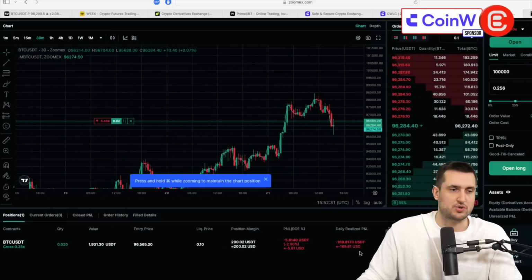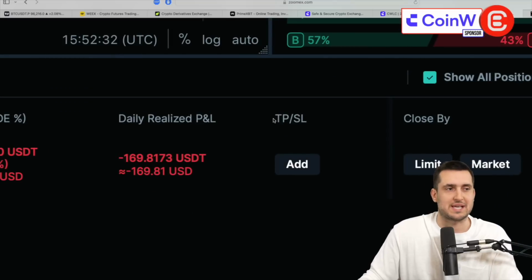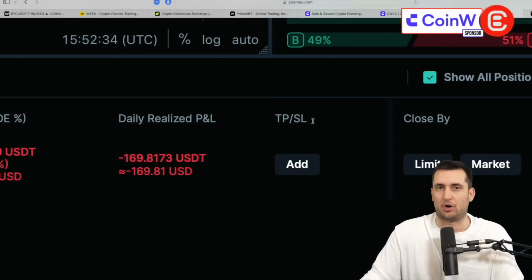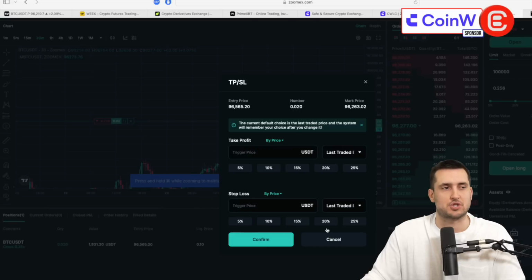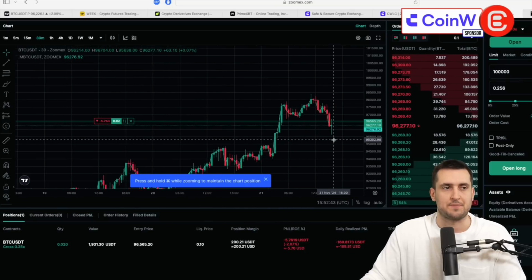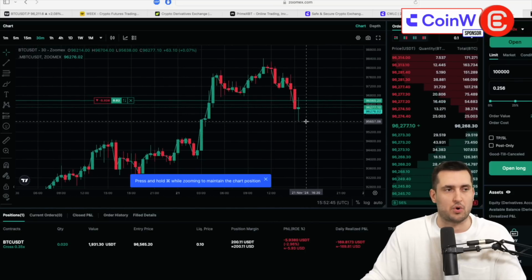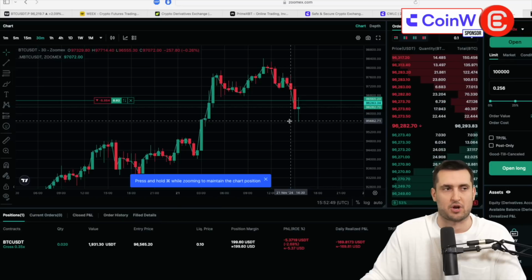Now, one thing I didn't show you with trade execution is that there is TP/SL on all of the exchanges, and what this does is allow you to put in stop loss orders on limit. So let's say that I took a long position here, and I think that we don't go under this little low level here, which is $95,700.